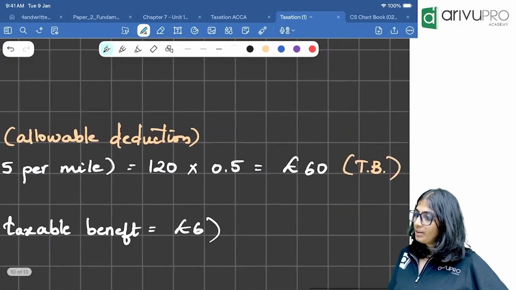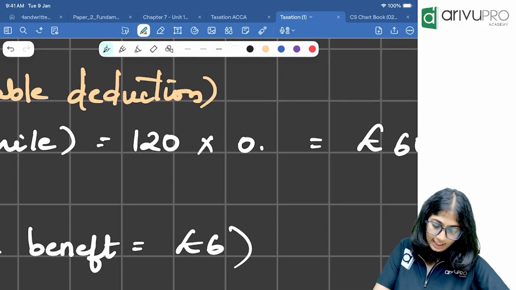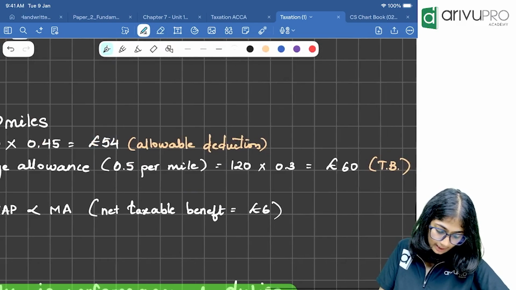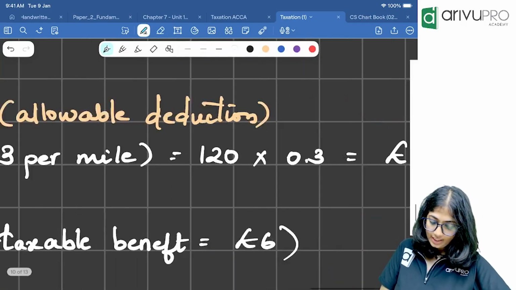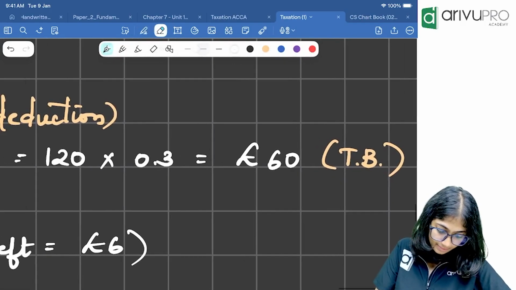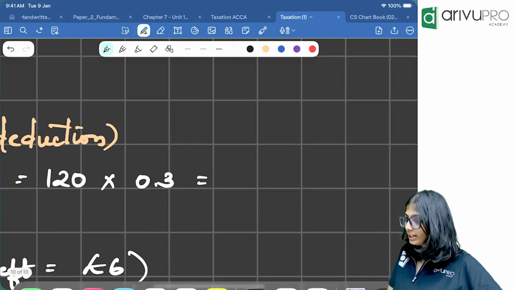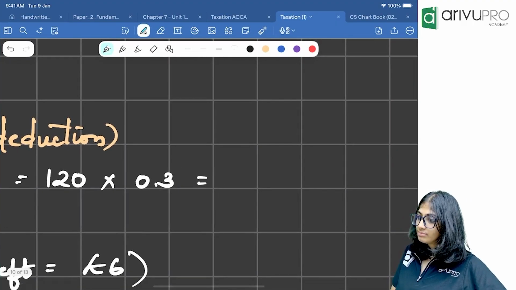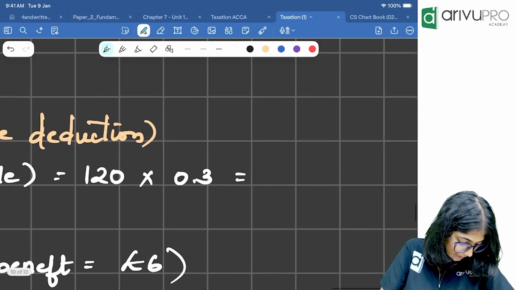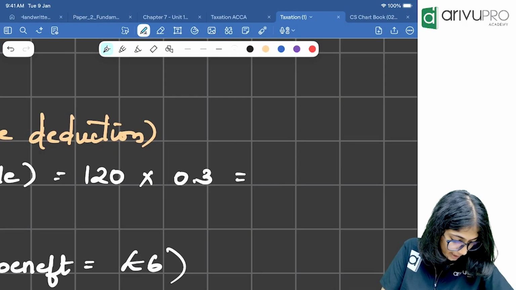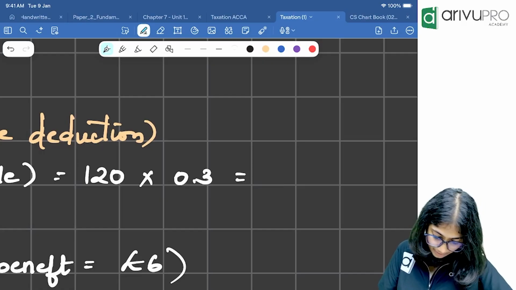Let's say instead of 0.5, they are giving only 0.3 per mile. What's going to happen then? Then what is the taxable benefit you're going to get here? Taxable benefit is going to be 120 into 0.3, 36 pounds.